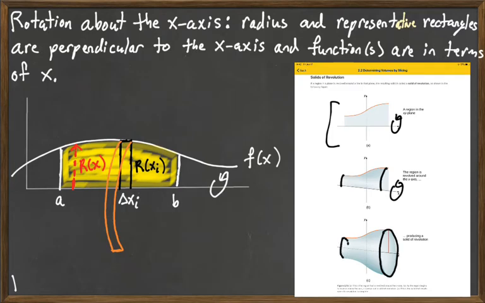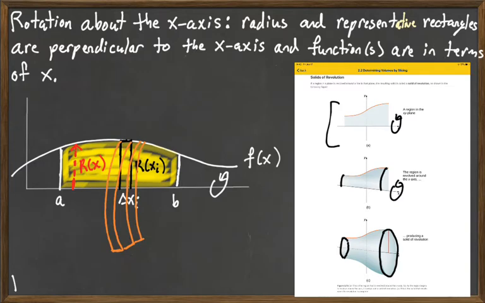Okay, and so that's what we got going on over here. It's just I've only sketched a little bit of it. You're going to have another disk here and another one here, etc. And it's going to keep going.